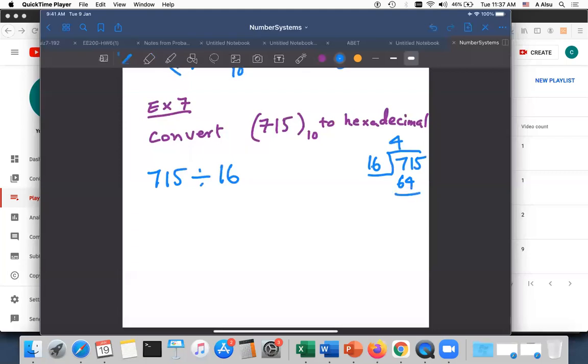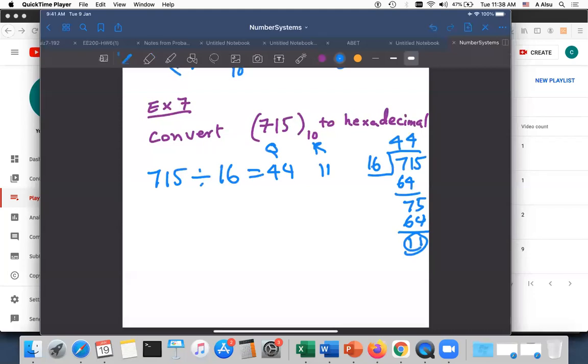Subtract, you get 7, and then you pull down the 5. 75, again 4, 64, which is 1 and then 1. The quotient is 44 and the remainder is 11.